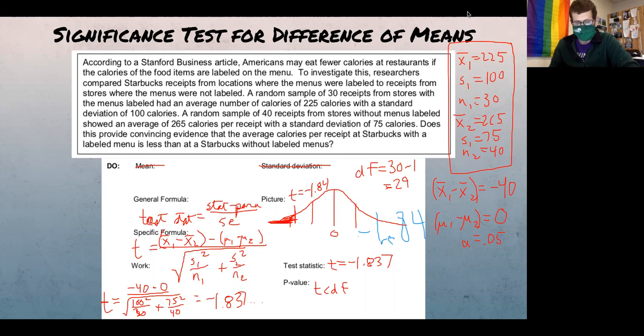I need to plug in where my cutoff points are. My lower bound is going to be negative infinity, and I'm basing that on my picture that I drew. So I'm going to go from negative infinity up to negative 1.84, and my degrees of freedom will be 29.